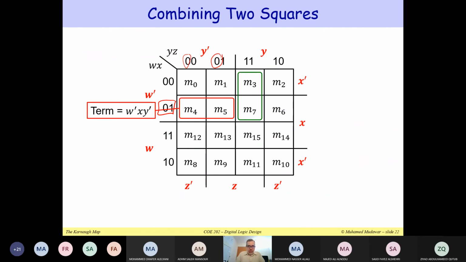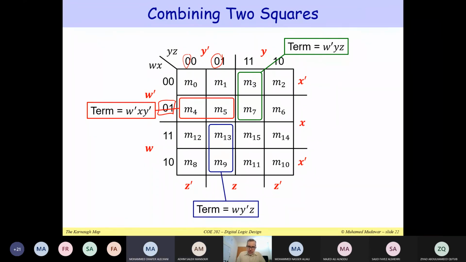How about combining these 2? W prime, Y, Z. Yes, thank you very much. How about combining these 2? W, Y prime, Z. Okay, thank you very much.